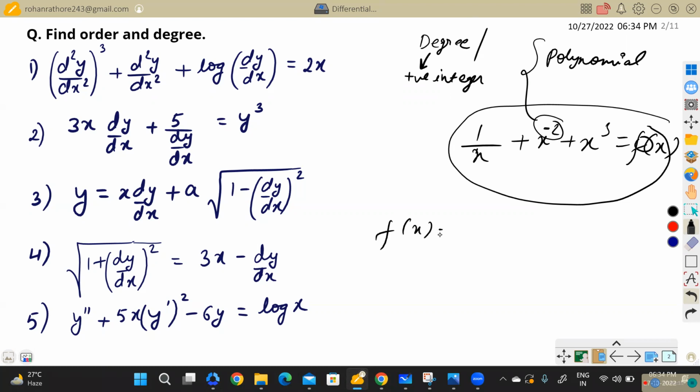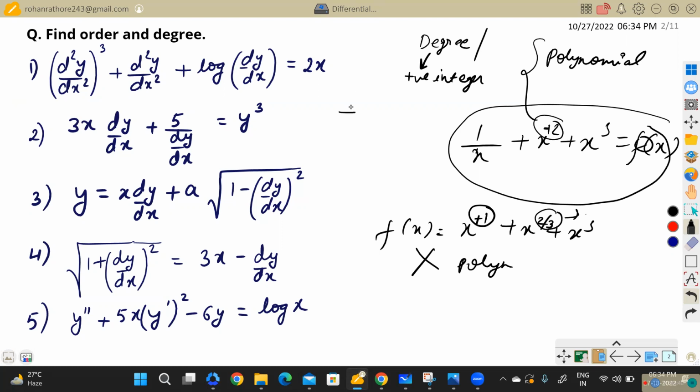So let's check. We can write this as x raised to the power minus 1 plus x square plus x cube. Here we can see the degree is negative, so this is not a polynomial. Similarly, if we have 2 by 3, that is not a positive integer.